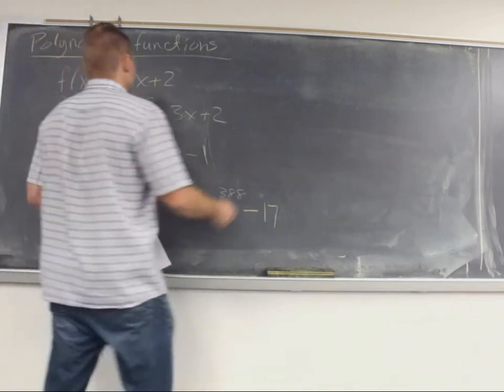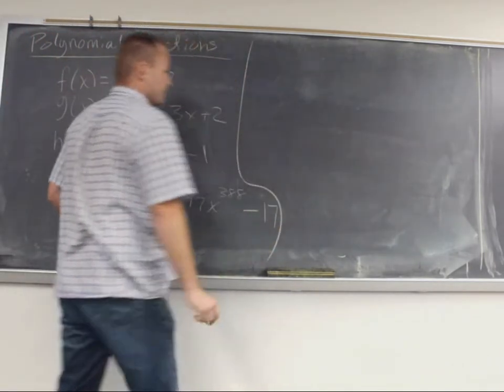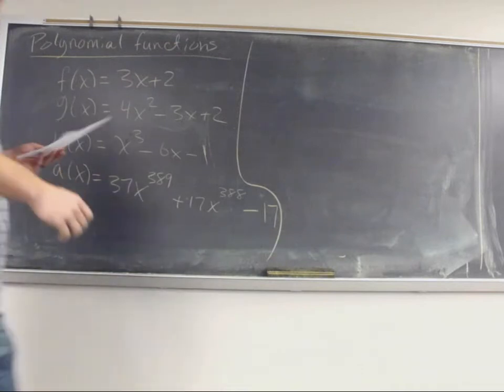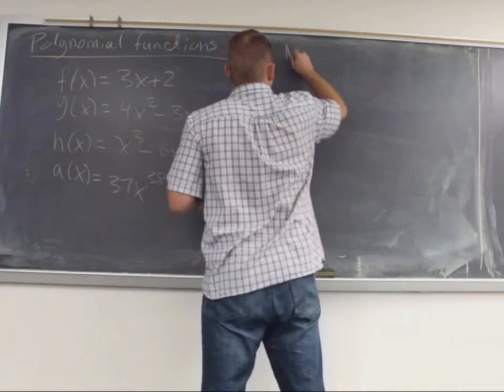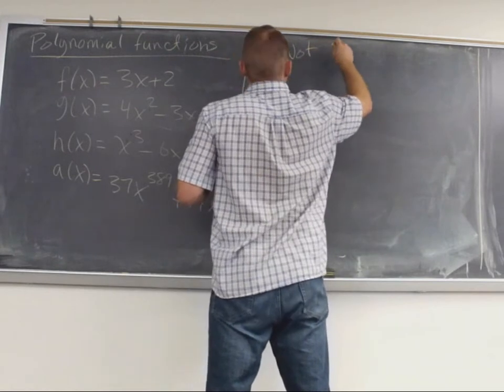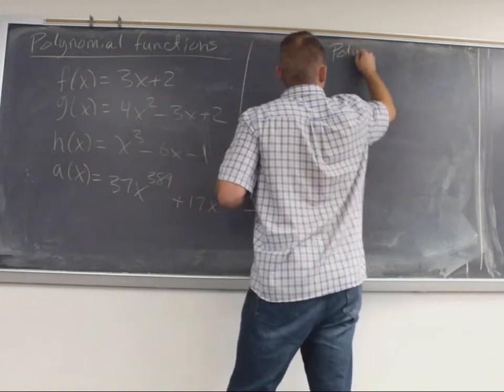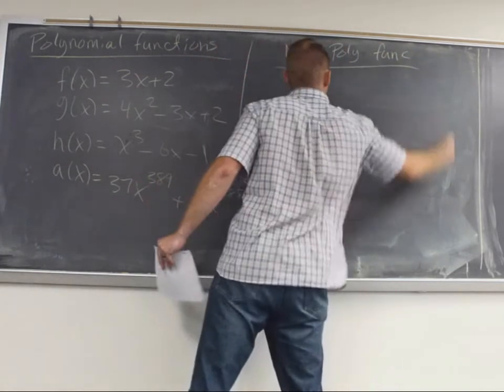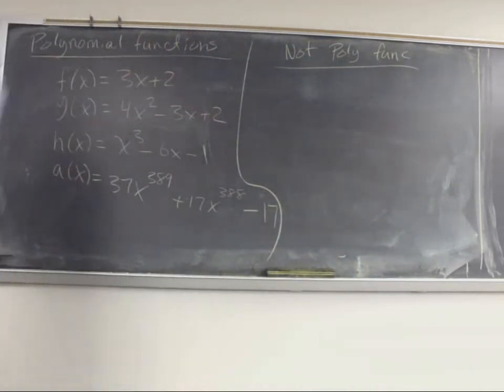Now we're going to get into the not polynomial functions, and this will show you some of the numbers that the exponents cannot be. Not polyfunc. Not polynomial functions would include if the exponents are negative, if the exponents have fractions in them, if we have any square roots, if we have any variables in a denominator.